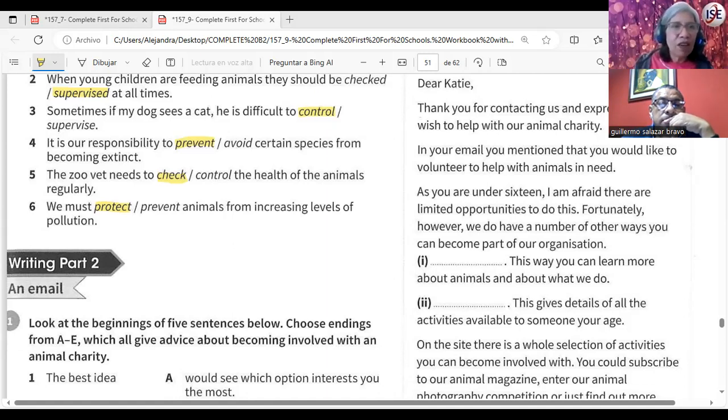Let me check this other. I have like three exercises. Wait, no, this is not. This is the other one.